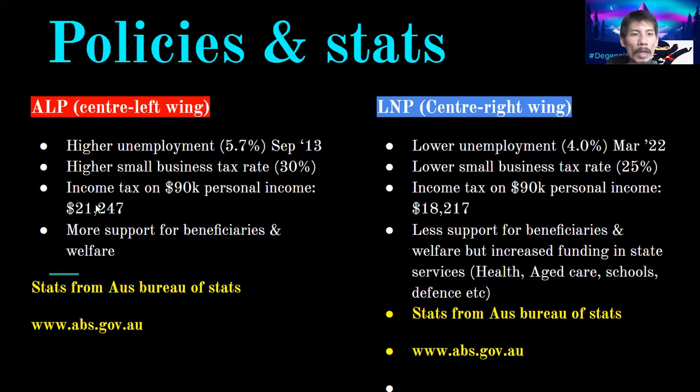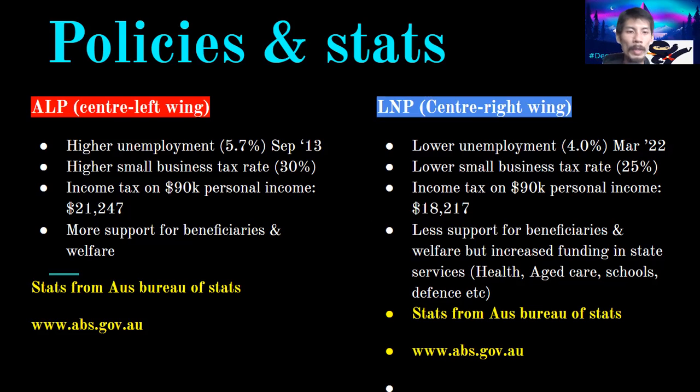Under ALP, a person on a 90 grand income was paying about $21,000 in tax in a year. Under LNP, the average person on a 90 grand income was only paying $18,217 in tax, basically paying around $3,000 less tax per year under LNP.